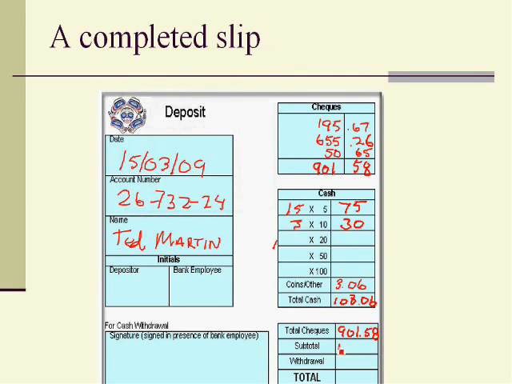I'm not making a withdrawal, so my total deposit would be 1,009.64, and I would put my initials and the bank initials there. Now I'm not taking out any cash, so I don't need to include my cash withdrawal.